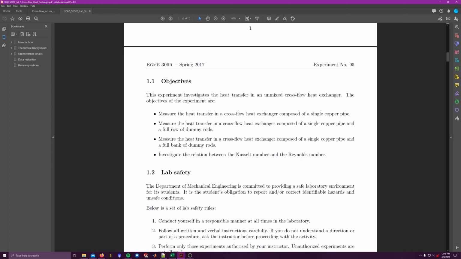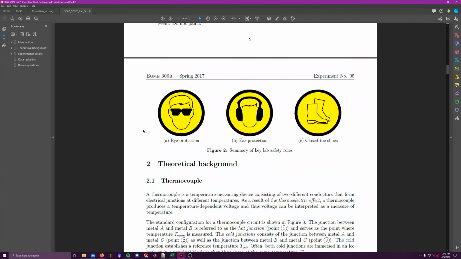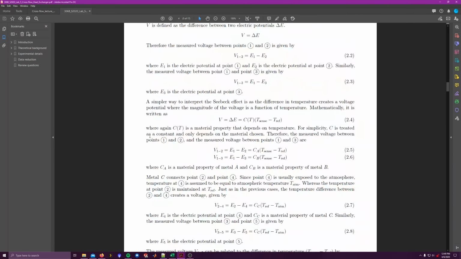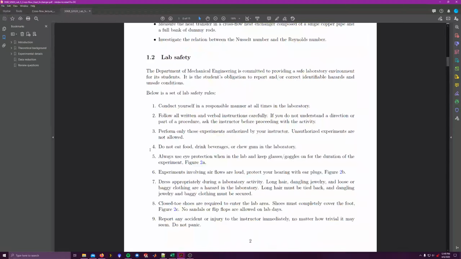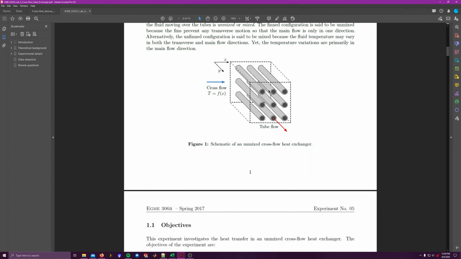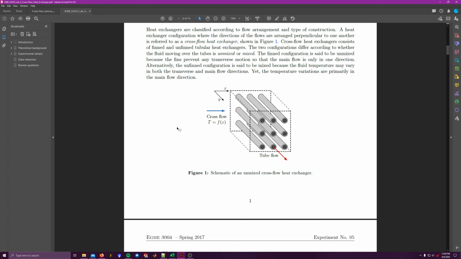Okay, so these dummy rods, basically they are just clear plastic rods that we're going to insert in the heat exchanger. So let's go back up here. Basically this is just a simple model of the cross-flow heat exchanger. So we're going to have some fluid flow going through these tubes here, and then we're going to have this cross flow, it's called here, that's going to be perpendicular to the flow through the tubes.